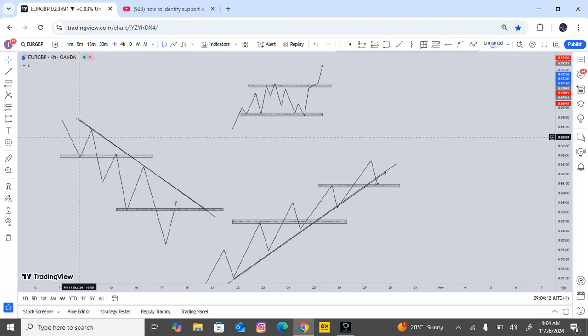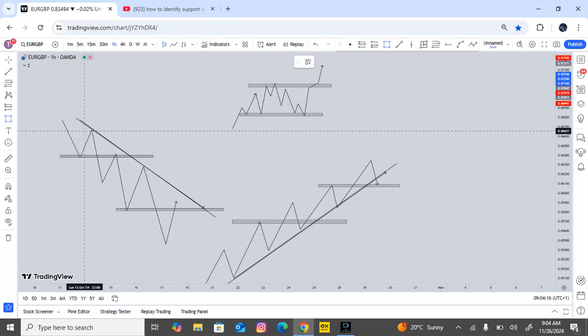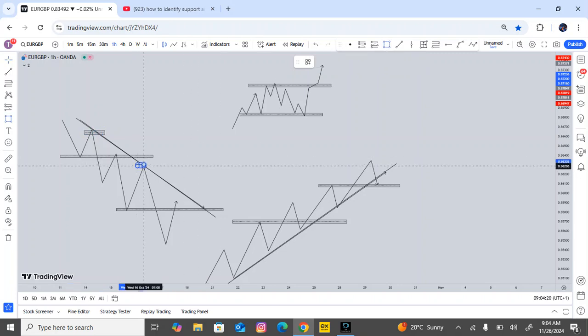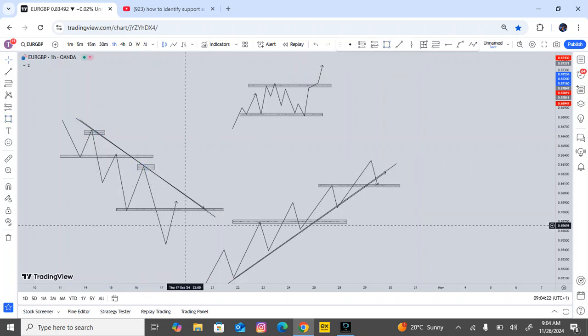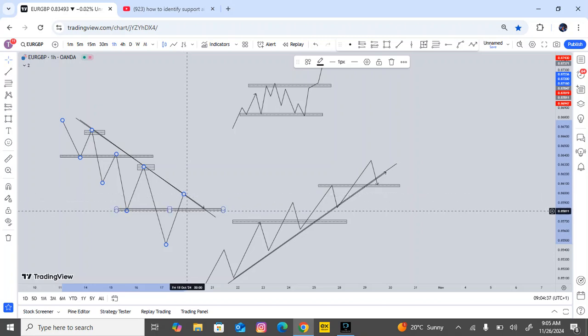You've connected these two, this is one and this is two. Now, where can you find a trading opportunity? At the third touch, price coming back to this trend line. At the third touch, you can find a selling opportunity.